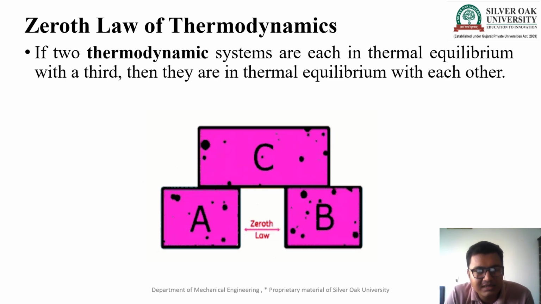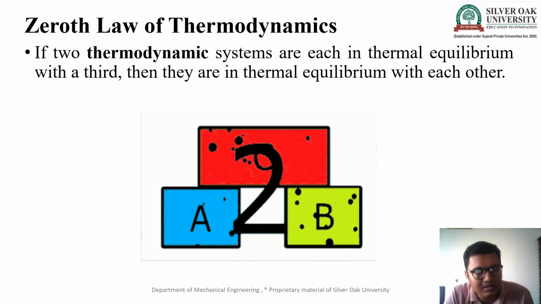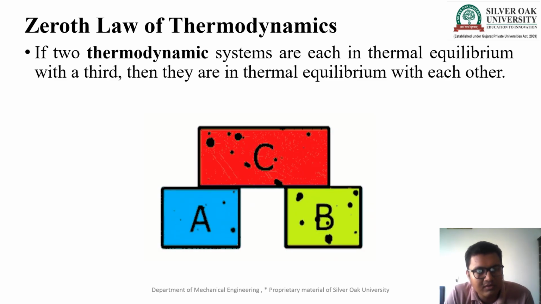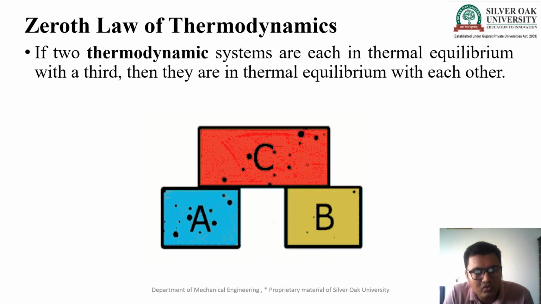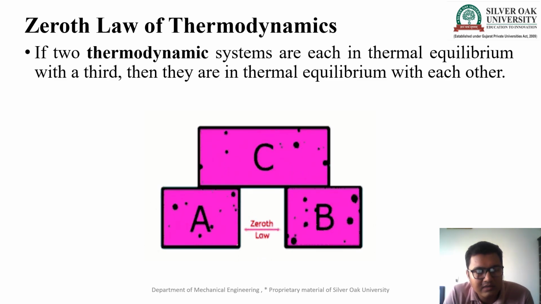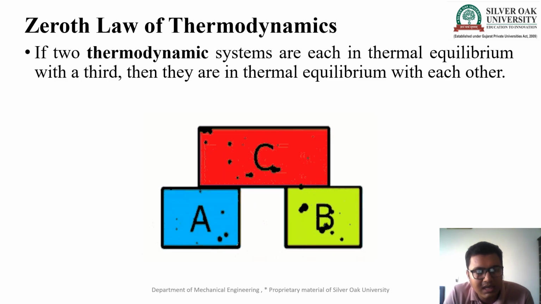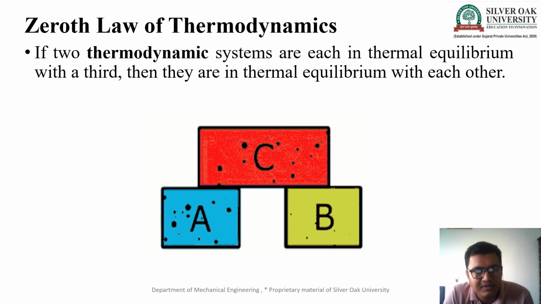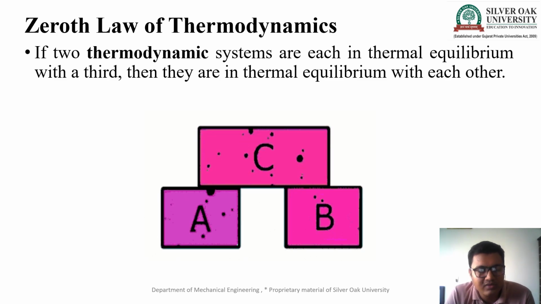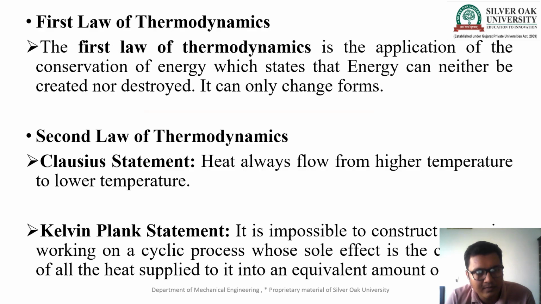So it is a very simple statement given by the zeroth law of thermodynamics. If two thermodynamic systems are each in thermal equilibrium with a third body, then they are in thermal equilibrium with each other. Here you can see A, B and C, all three bodies are in thermal equilibrium.